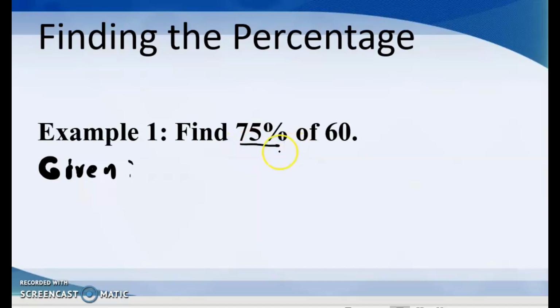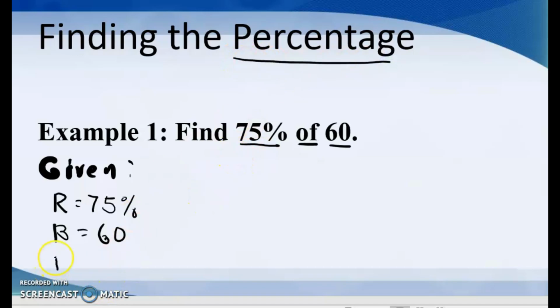Anong element to? 75% is, okay, very good, that is rate, kasi meron percent symbol. And then, 75% of 60. Sabi ko kanina, basta sinusundan ng of, ano yung kasunod? That is base. So, ang base natin ay 60. Anong nawawala? Yung percentage.